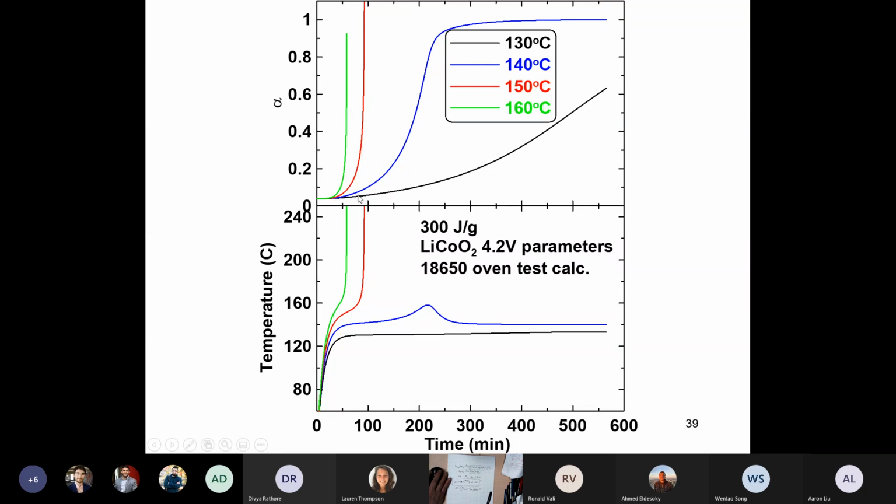At that point, the reactants are converting into products rapidly when the temperature goes up. That's because all these reaction rates increase exponentially with temperature. But if you put the cell in at 150, it goes into thermal runaway, and if you put it in at 160, it goes into thermal runaway.